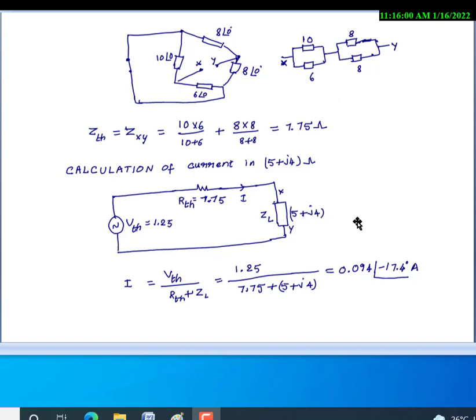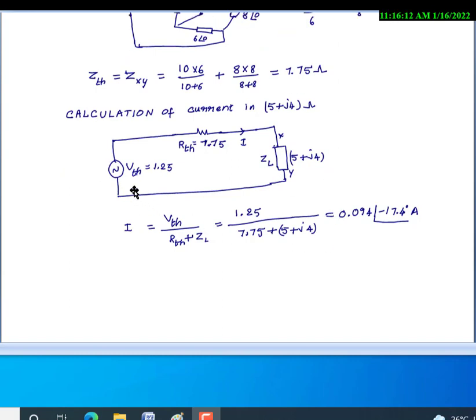Because we want to know the current flowing between X and Y, we have to connect the impedance between the terminals X and Y, that is ZL equal to 5 plus J4. Now it is a simple series circuit, so we can find the current flowing through the load impedance ZL, that is I equal to V Thevenin divided by R Thevenin plus ZL.